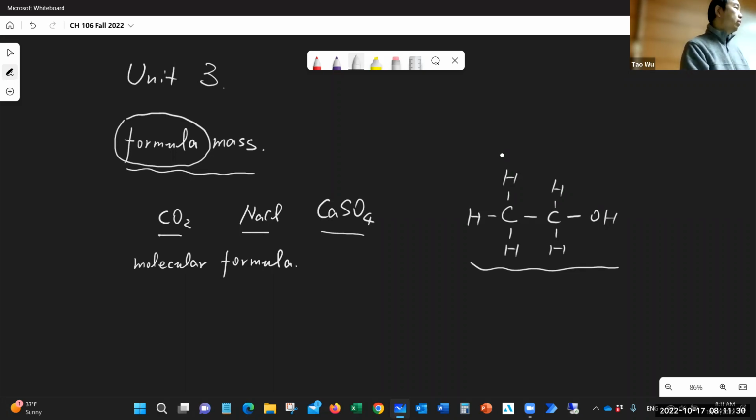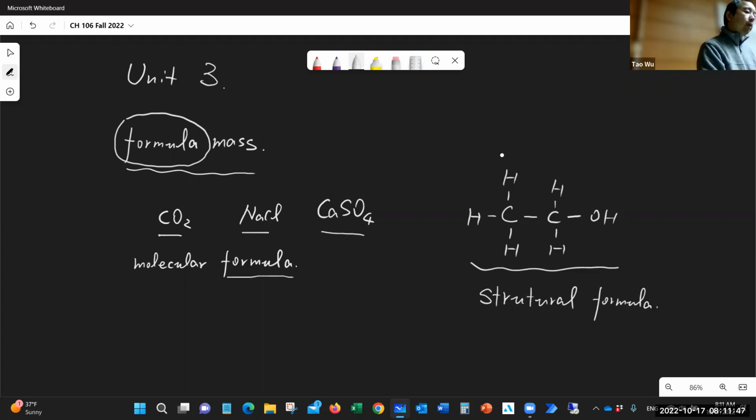If we have a chance, we will talk about it later. Generally, a formula represents what is shown in the compound.